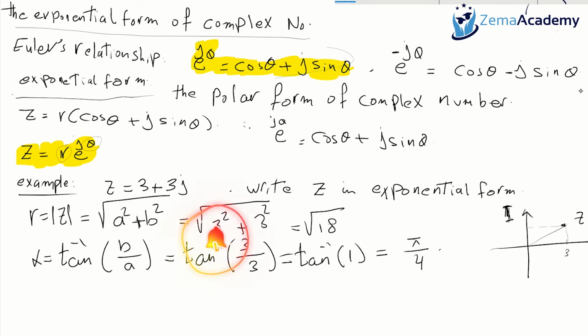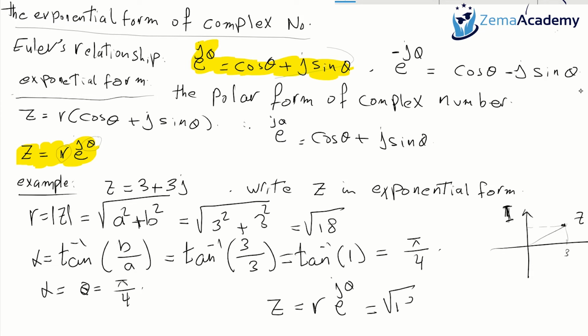So it's the first quadrant, therefore your α equals θ, which will be π over 4, correct? So the complex number z is written as r e^(jθ), which equals the square root of 18 e^(jπ/4), and that's it. Okay?